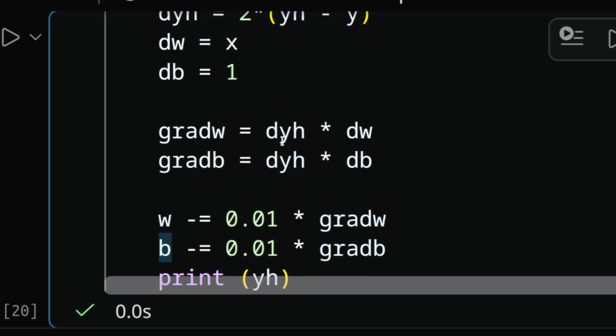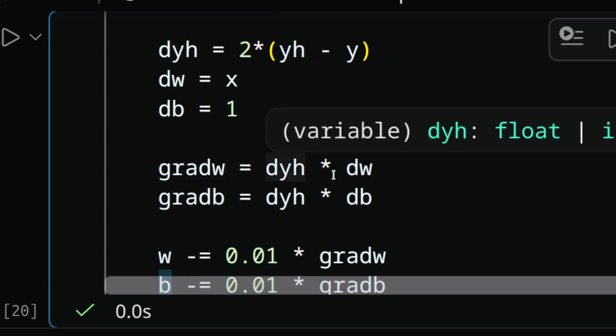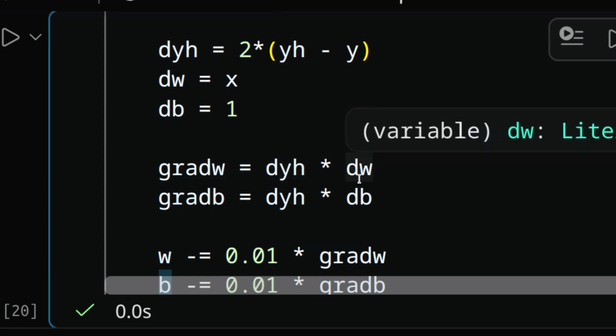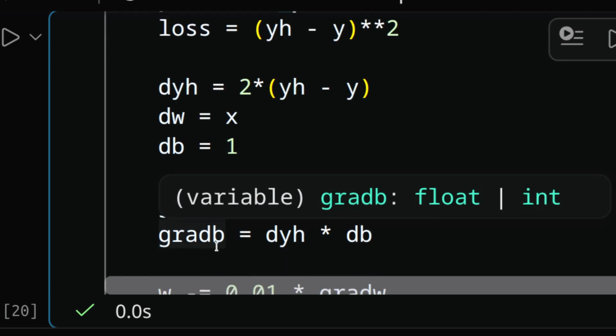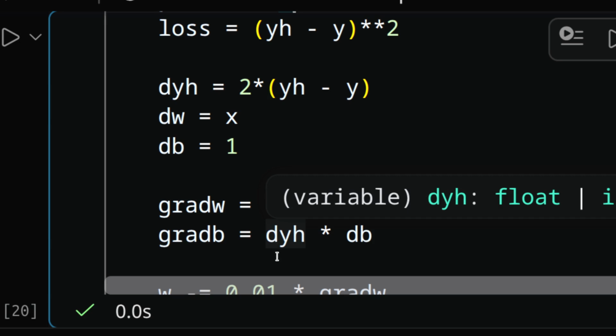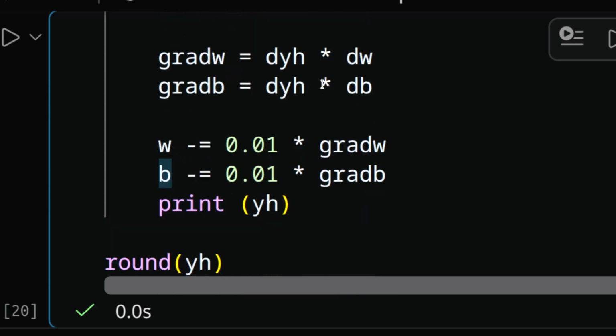So down here is the chaining of the derivatives. So you have the derivative of y-hat multiplied or chained with the derivative with respect to the weights. And down here is the derivative or gradient with respect to y-hat and the bias, chained together for that.